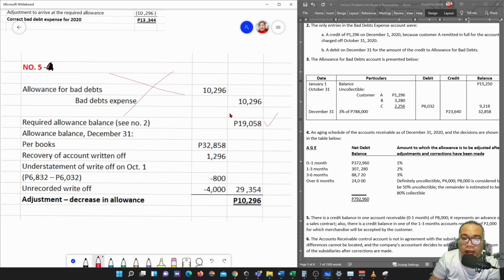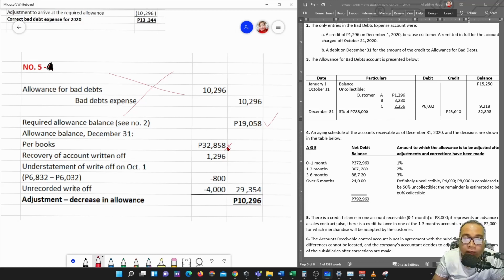Ito yung proper. Ito, marami pang mali dito. So, ito yung recorded, si 32,858, pero yung dapat, si 19,058. So, kailangan may adjustments para ma-reach itong si 19,058.